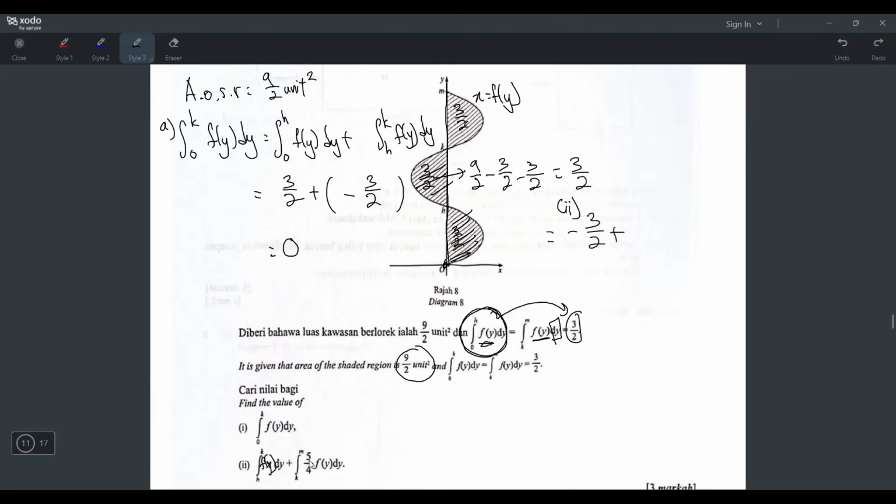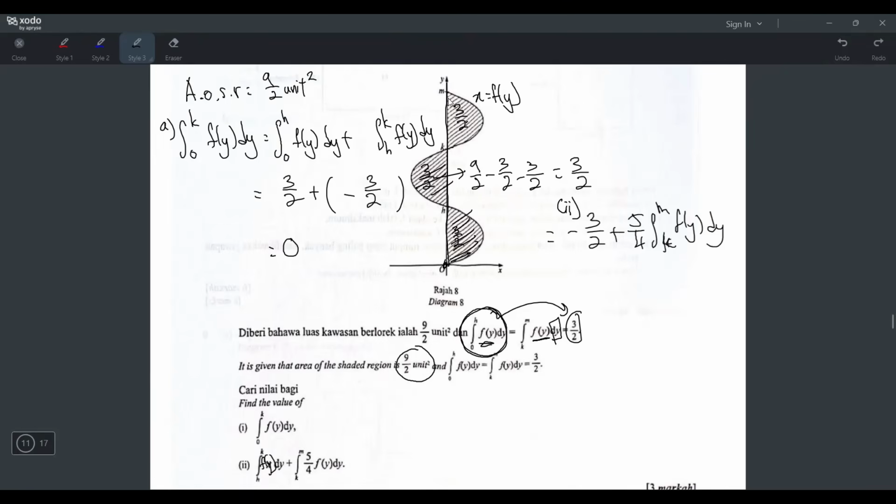Okay, the 5 over 4 can be placed in front, but let's check where is integrate k to m, between curve and y-axis. K to m between curve and y-axis is 3 over 2. So I think the 5 over 4, I will place it in front. Why you can place it in front is because the relation here is multiplication. So times with what? Integrate k to m fy dy.